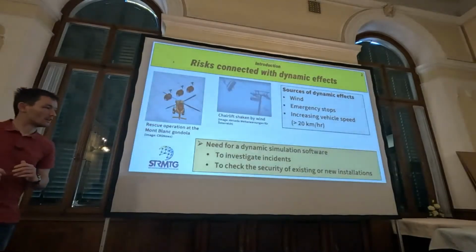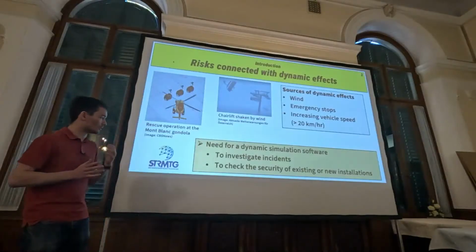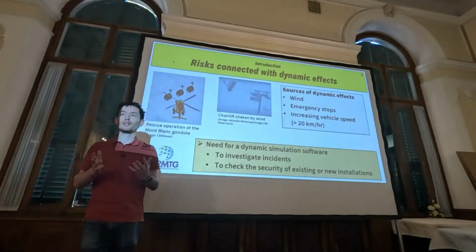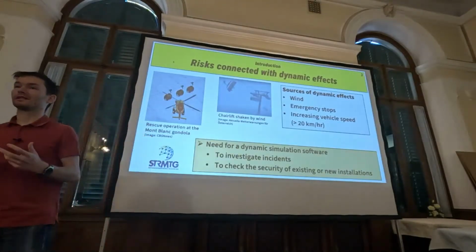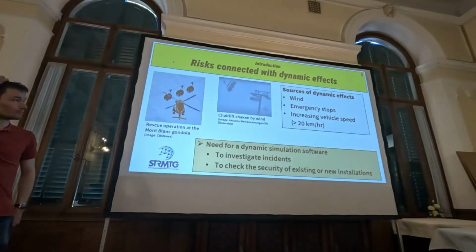A risk with this kind of transport is due to dynamic effects. I mean, when the vehicle or the cable are shaken, they can fall, or the cable can fall from the pylons.